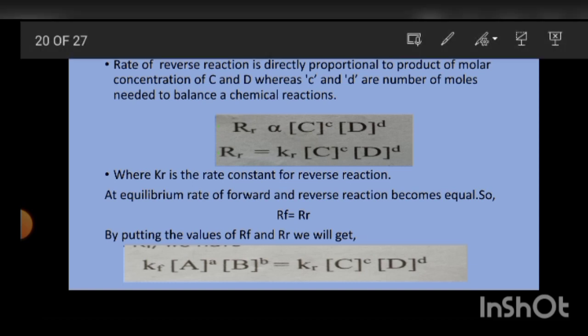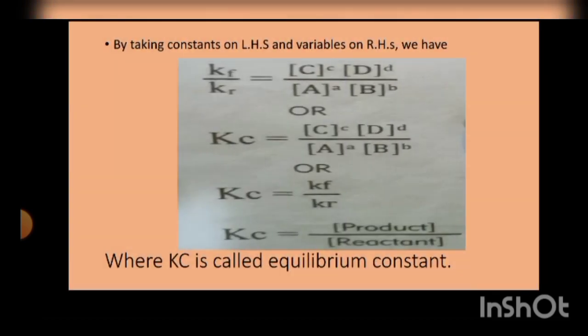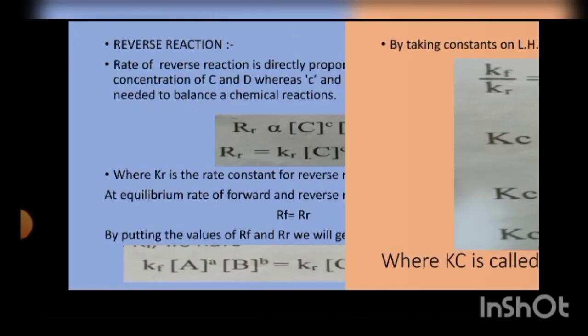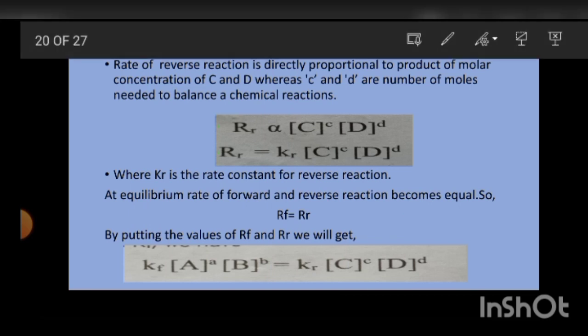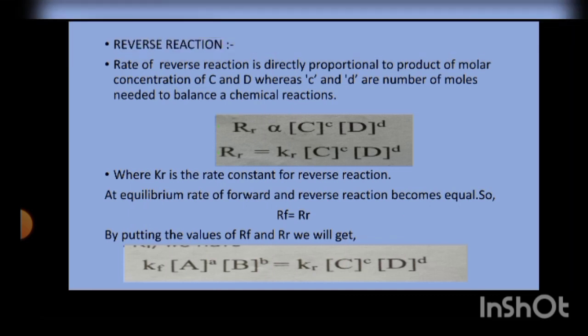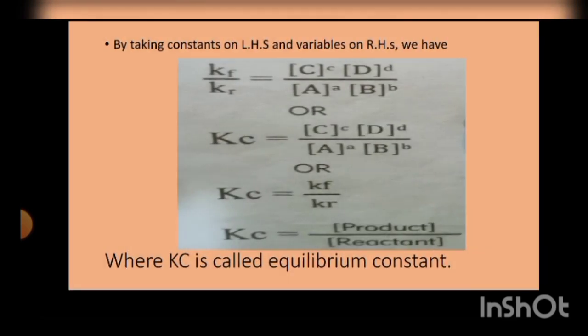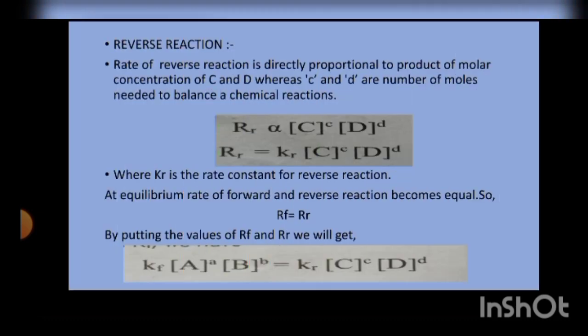Now when we compare, Kr is multiplying with the molar concentration on one side, so on the other side it will be divided with Kf. So Kr will be in the denominator, and Kf will be in the numerator. And the molar concentration of the reactants, which is multiplying with Kf, will go towards the denominator on the other side.